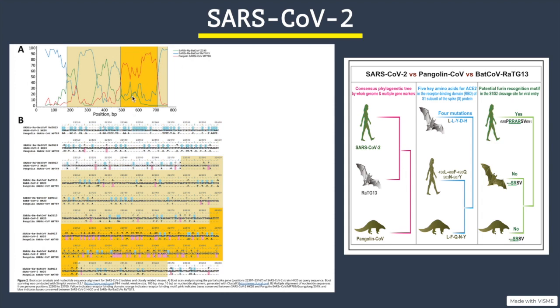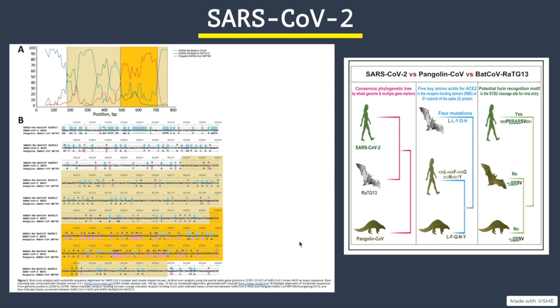And so in this region in orange, you can see how the pangolin coronavirus is actually most similar to the SARS coronavirus 2, whereas in all the other regions around it, it is the bat coronavirus. And this region is coding for the receptor binding domain region of the spike protein.